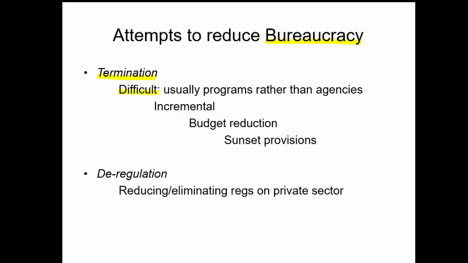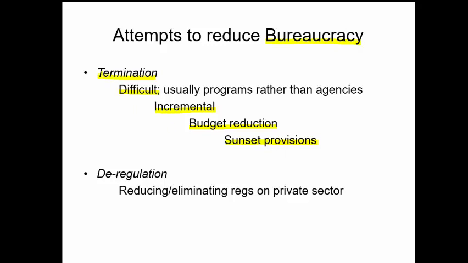This is very difficult to do because once an agency gets formed, you have functions that it provides, you have clientele that it provides a service to. It's kind of difficult to cut an agency. So they may do this incrementally over time or reduce their budget or perhaps set a target date out in the future, say 10 years. We are going to cut this agency in 10 years, so therefore you can see it coming.